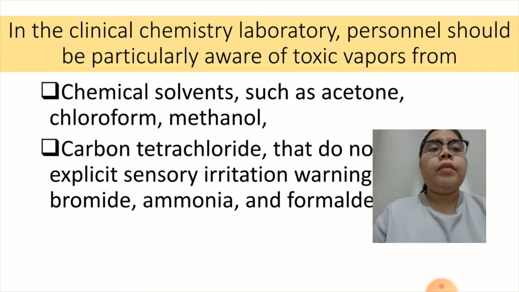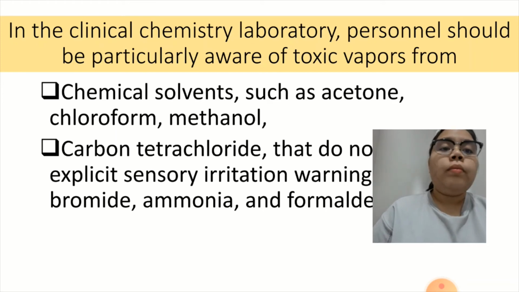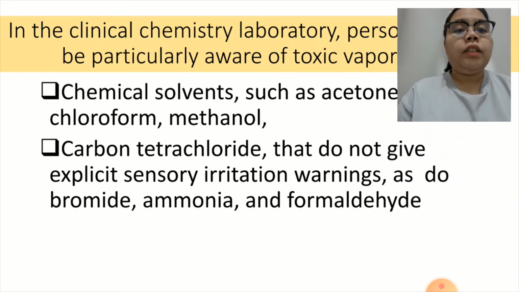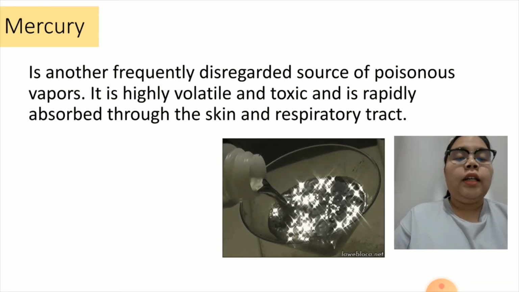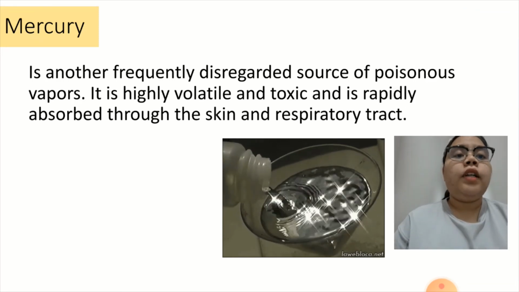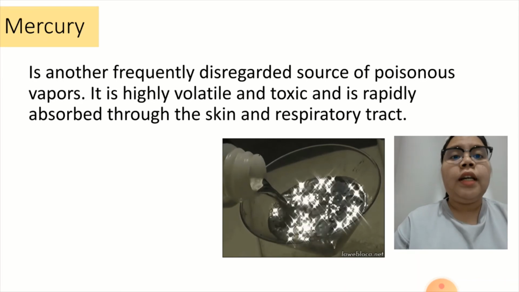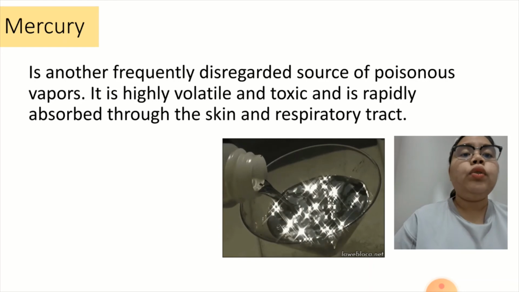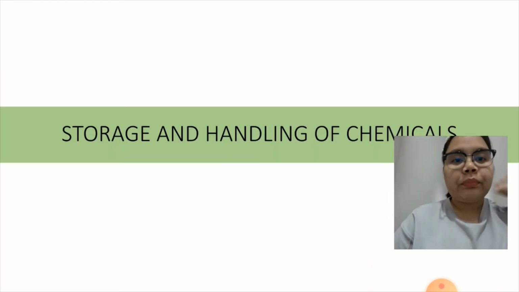In the clinical chemistry laboratory, personnel should be particularly aware of toxic vapors from chemical solvents such as acetone, chloroform, methanol, and carbon tetrachloride that do not give explicit sensory irritation warnings as bromide, ammonia, and formaldehyde do. Mercury is another frequently disregarded source of poisonous vapors. It is highly volatile and toxic and is rapidly absorbed through the skin and respiratory tract.